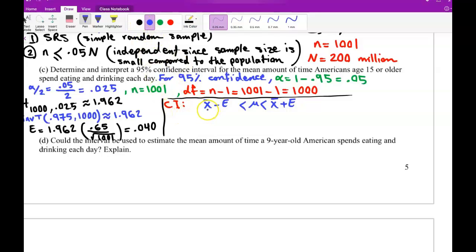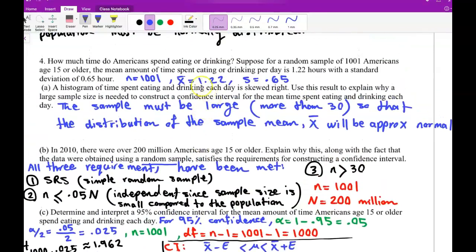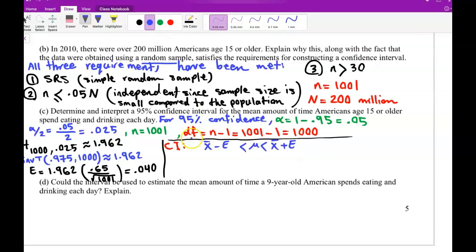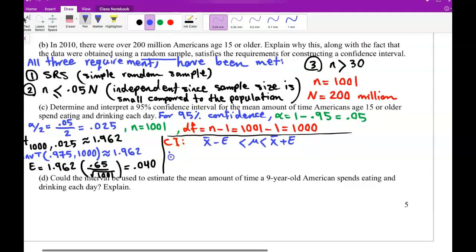X bar is 1.22, that was given. Minus E is 0.040, and on this side adding 1.22 plus 0.040.